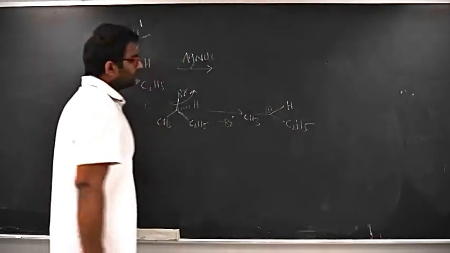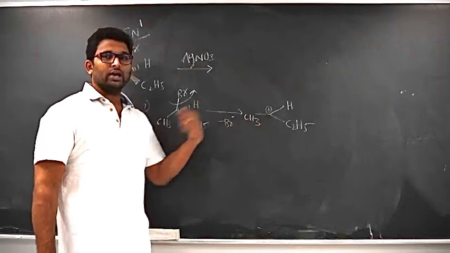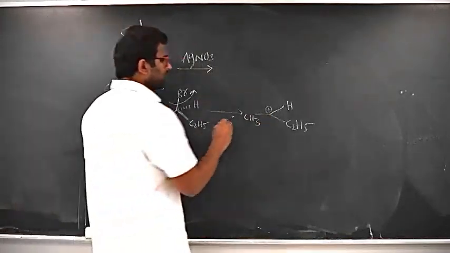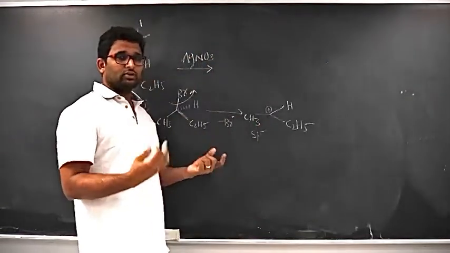So we have a positively charged carbon. We form a carbocation. Carbocations are sp2. Any sp2 carbons are planar.